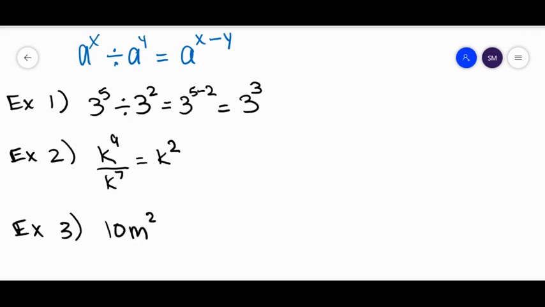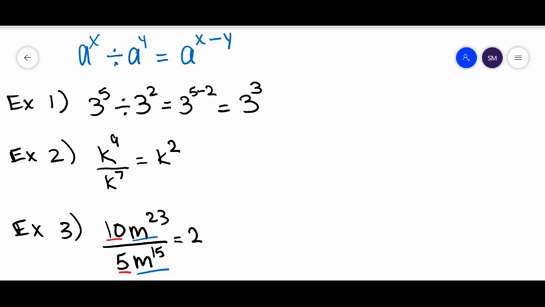Ten m to the 23rd divided by 5m to the 15th. First, I'm going to divide my coefficients. So that would give me 2. And then I'm going to apply the quotient rule to the terms with exponents.